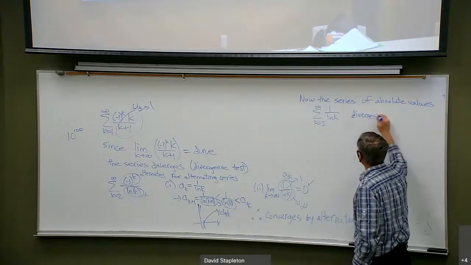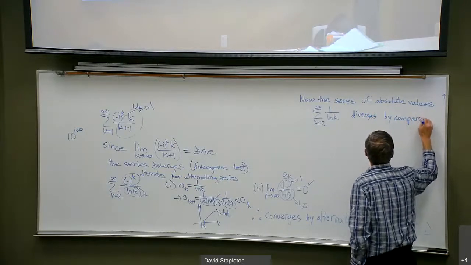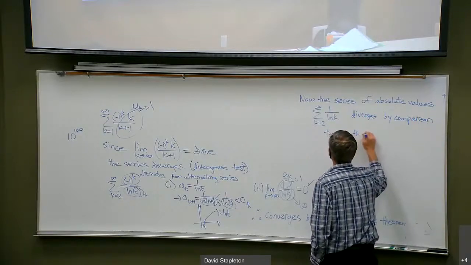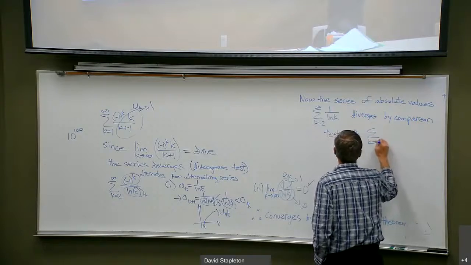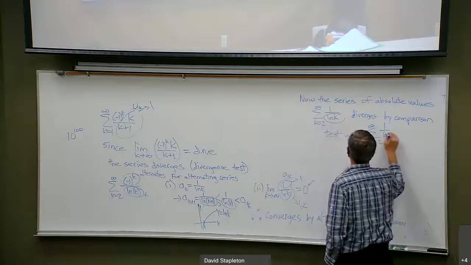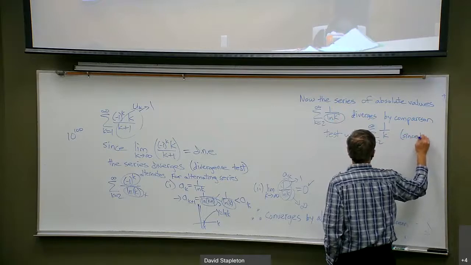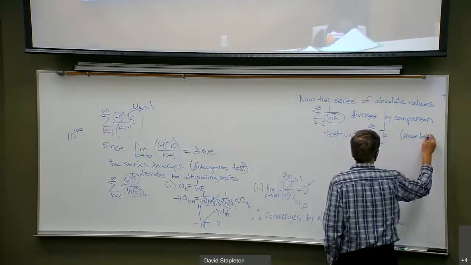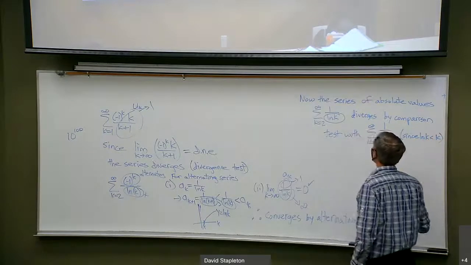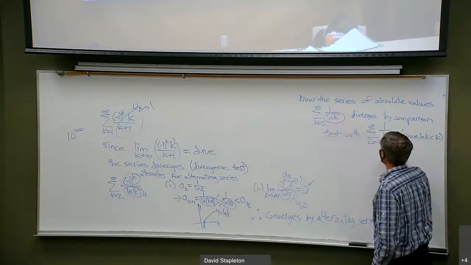Easy way is to say, well, it diverges by the comparison test, with the sum k equals 2 to infinity of 1 over k. ln of k is less than k. The denominator is less on this one than on this one. So this one has larger terms, and this one goes to infinity.